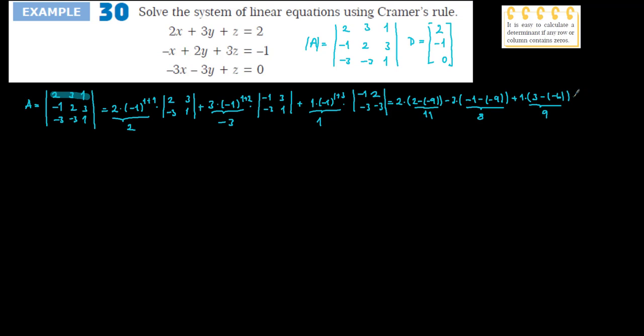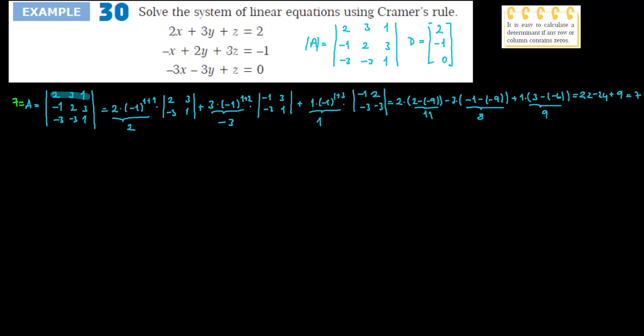Then I'm going to shortly write 2 times 11, which is equal to 22. Minus 3 times 8 is equal to minus 24. And 1 times 9 is equal to plus 9, which is equal to 7. So after all this operation, I can write: A is equal to 7.